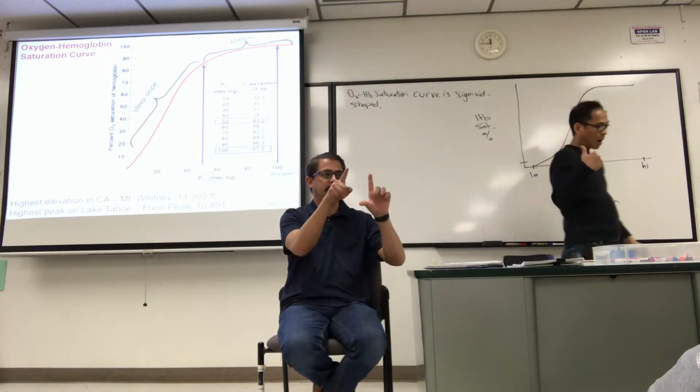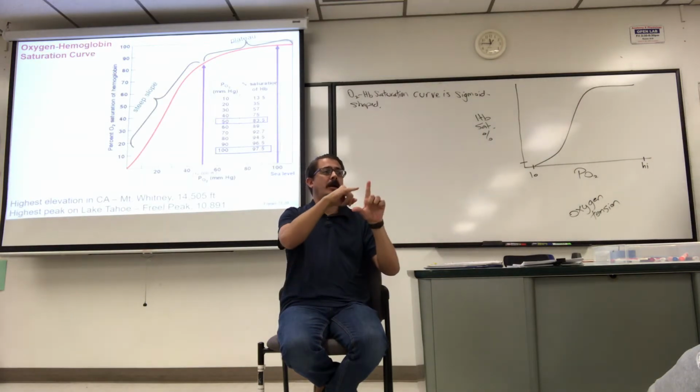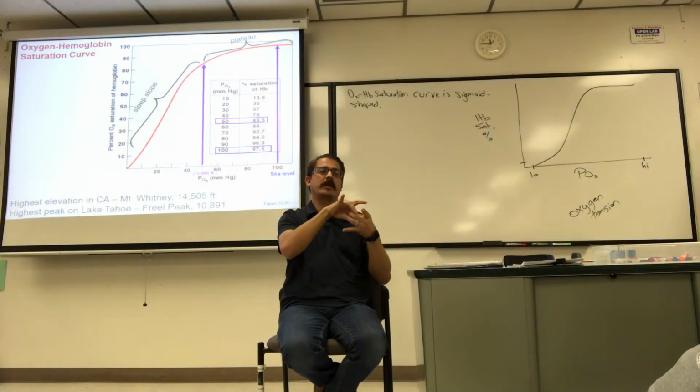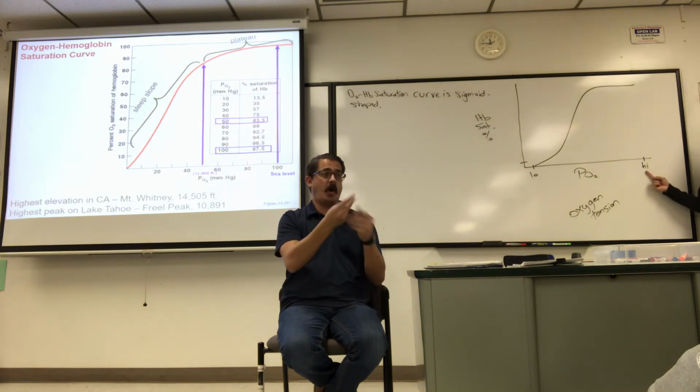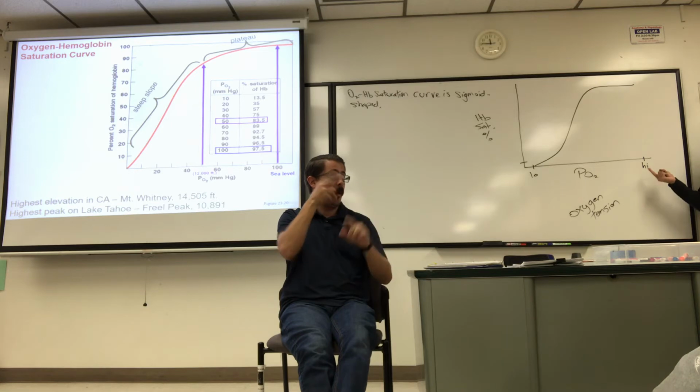I have it labeled properly on the slide there. We said that there's a plateau, that there's a steep slope. So this is the relationship. That PO2, that dissolved state, we want it high where we're breathing, right?